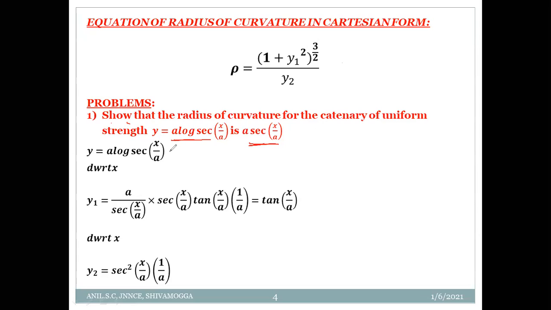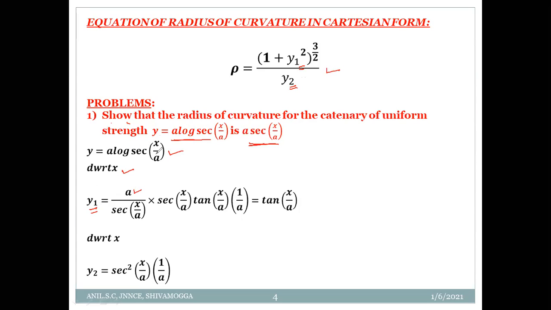Let y equal a log secant x by a. To apply this formula, y1 and y2 are required. First we shall find the first order derivative and second order derivative. Let's differentiate this equation with respect to x. Derivative of y is dy by dx or y1. Here a is a constant, keep it as it is.